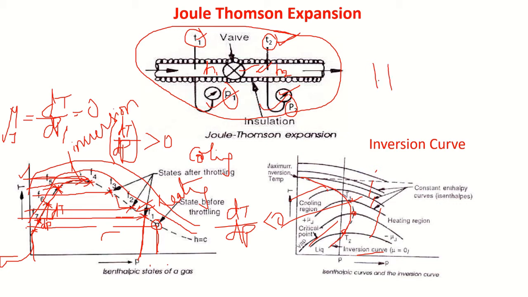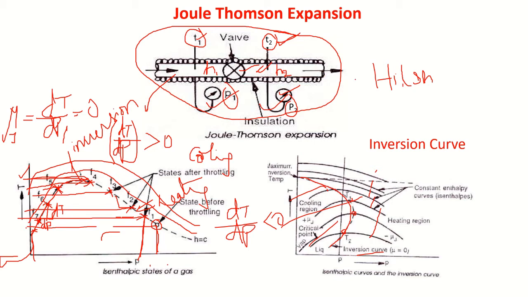One of the applications is what they call the Hilsch tube. At one end we can get cold air. I can make the air enter like this, and at one end it gets cold air, and on the other side I can adjust the valve in such a way that you get hot air.